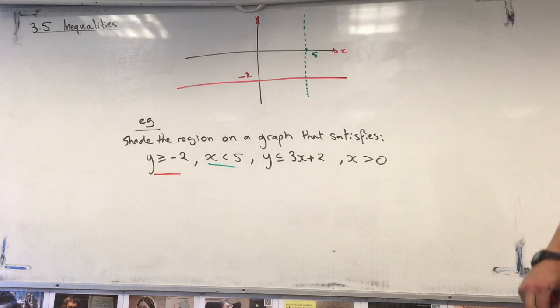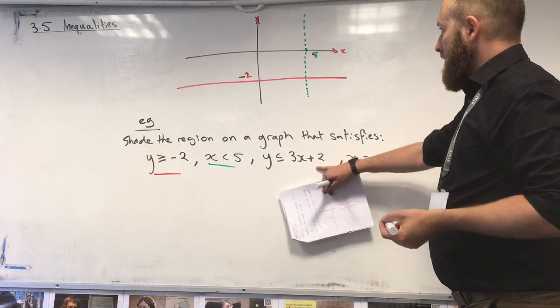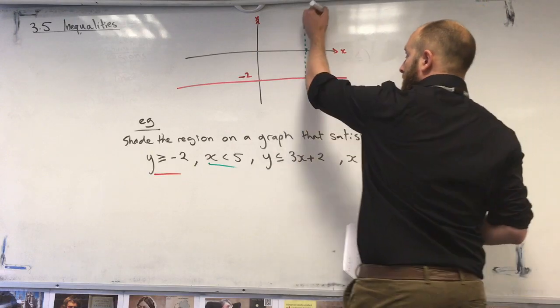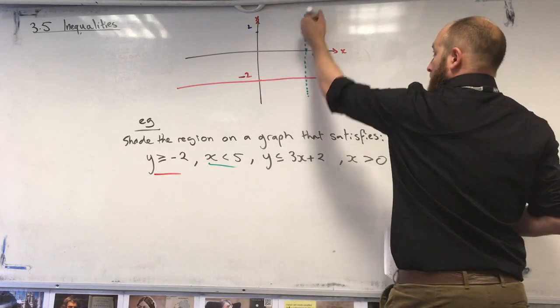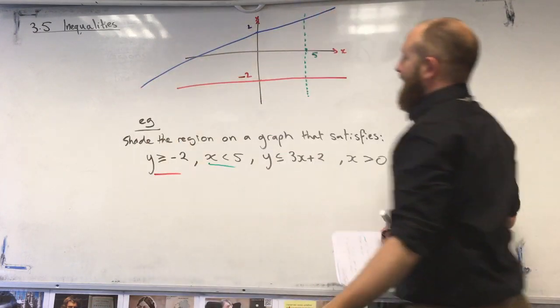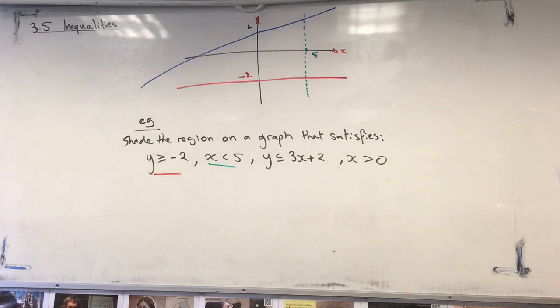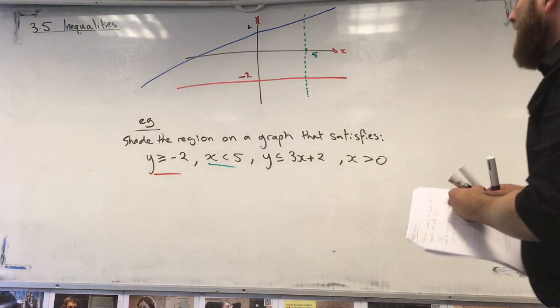Next up, y is less than or equal to 3x plus 2. So we need a positive gradient crossing the y-axis at 2, and because it's equal to, we're going to have a solid line. Something like that. And lastly, we've got x is greater than 0.